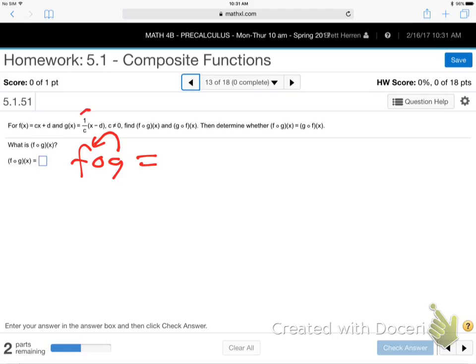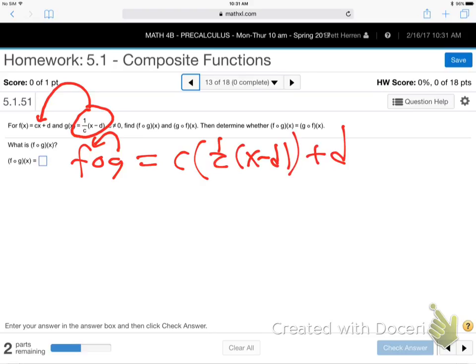So that means plug all of g here into x's input slot. And I'm trying to make it nice so it's readable. Does that make sense? So I'm trying to do color coding to help.